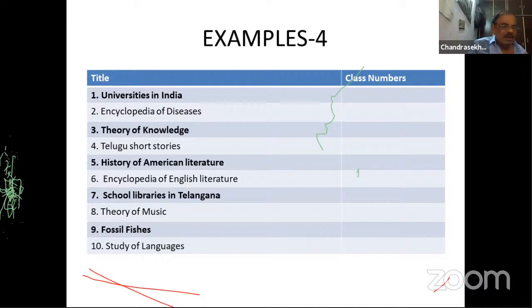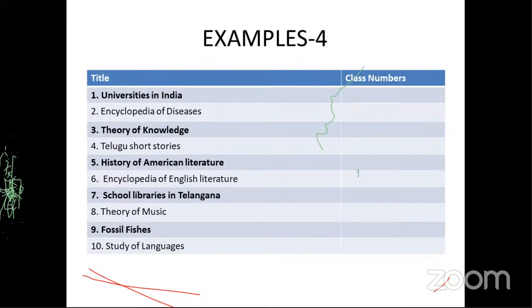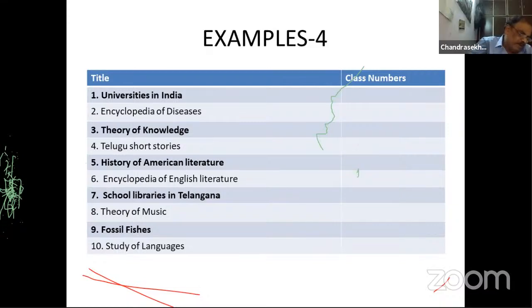So that is Telangana. Directly you can add. Before adding, you have to see in the schedules whether there is any instruction for adding. Otherwise, directly you can add 027.85484.